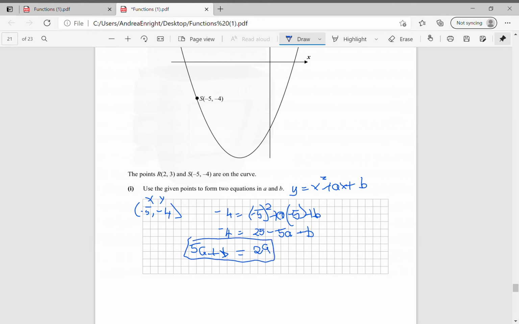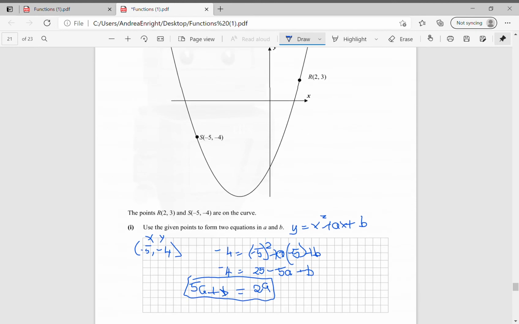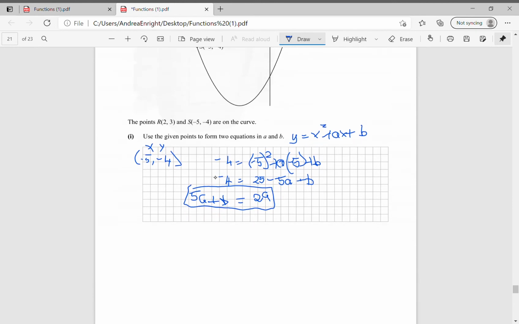The second equation in a and b, you get it from the second point. So the second point was 2, 3. So that means everywhere I see an x, put in a 2. Everywhere I see a y, put in a 3. So I end up with 3 equals 2 squared, which is 4, plus a times 2 plus b.